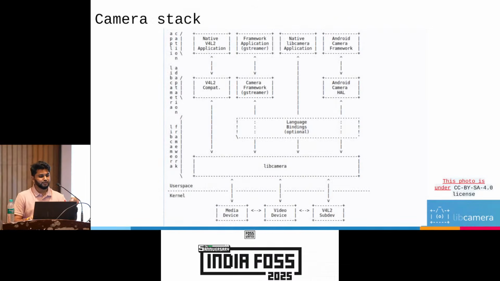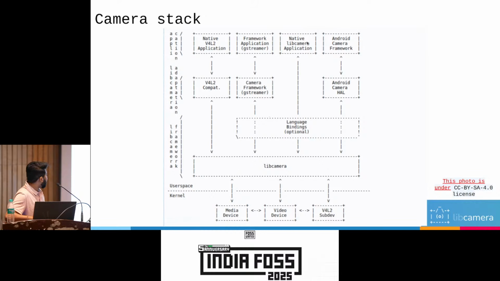So this is how the camera stack looks like. This is the libcamera stack. On the top we have the adaptation layer and the application layer. The application will talk with the adaptation layer, or the application will directly call the libcamera APIs, right?